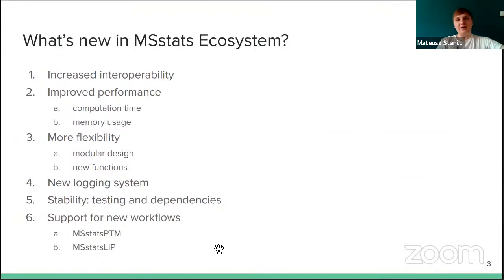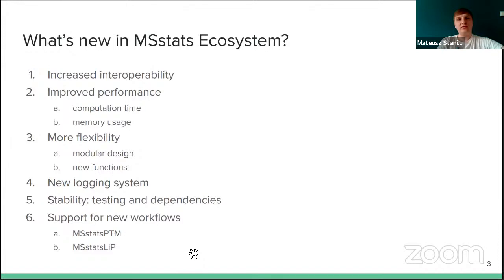So the updates in MSstats were done with several goals in mind. First of all, we wanted to increase the interoperability, so the way we work with outputs from different signal processing tools and the way MSstats interacts with more general workflows.